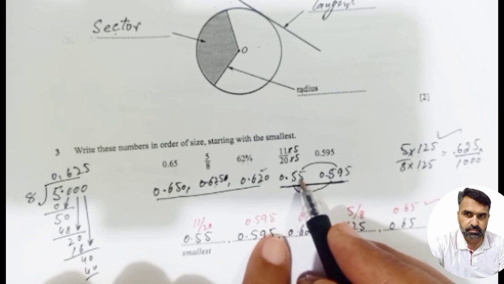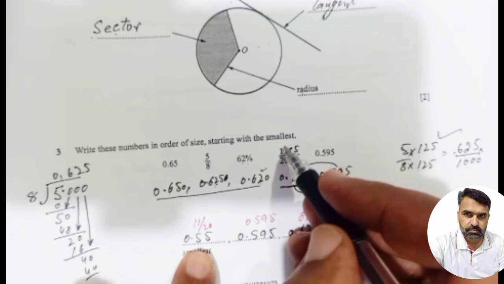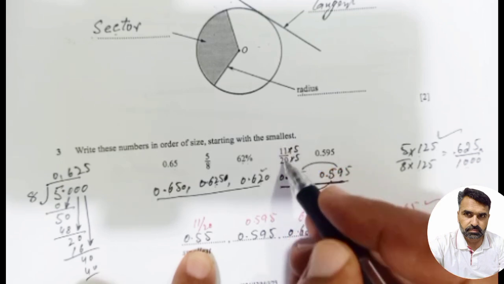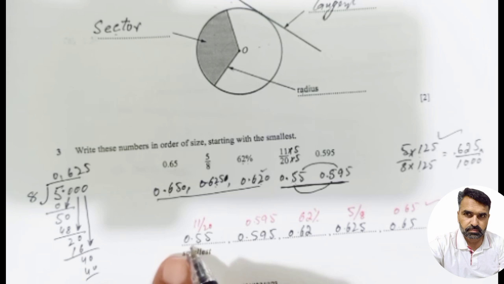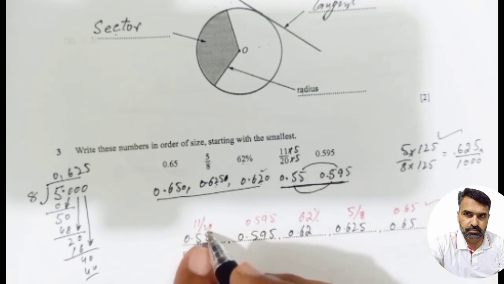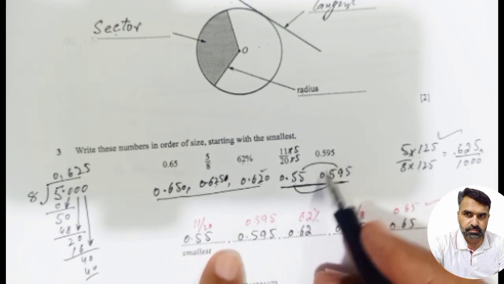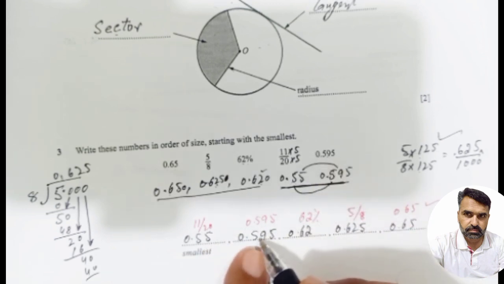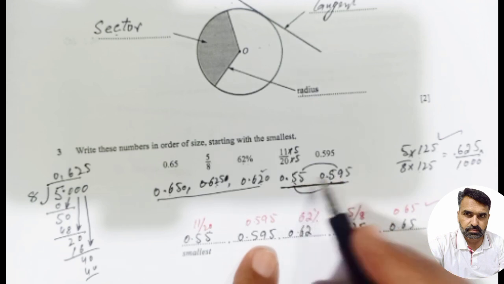So 0.55 is the smallest number, and we can write the original number, that is 11 over 20. We should write 11 over 20 in the first place. And then 0.595, because it is greater than 0.55.